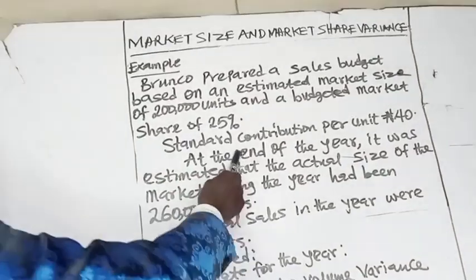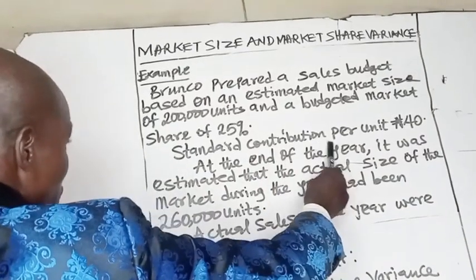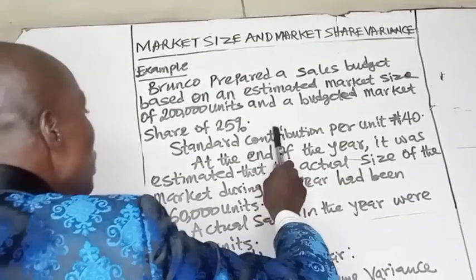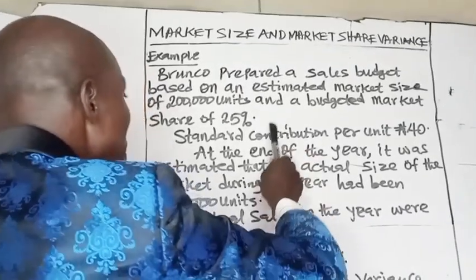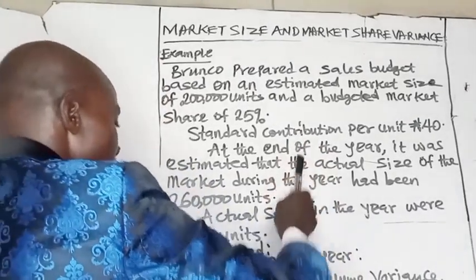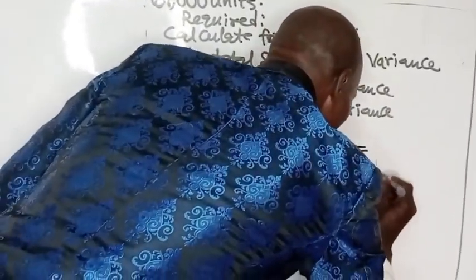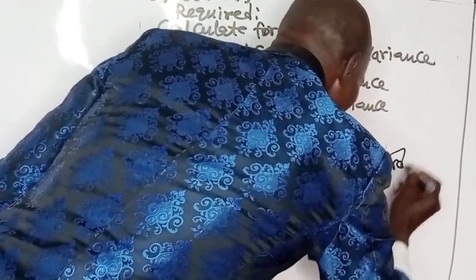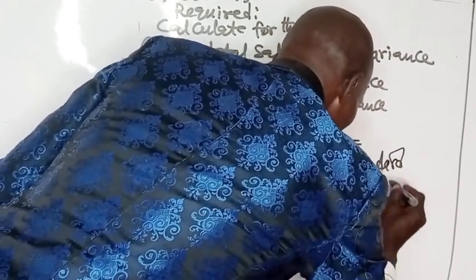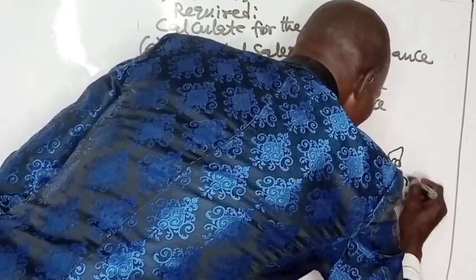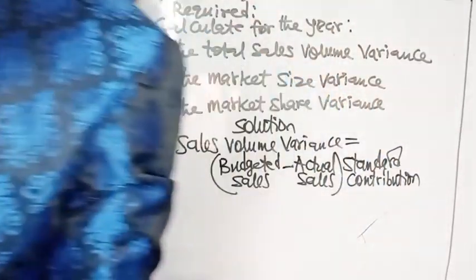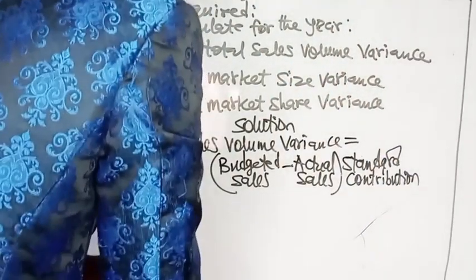In this question, what we were given is standard contribution. So that means you are expected to make use of the marginal costing school of thought. Therefore, the weight here should be standard contribution.